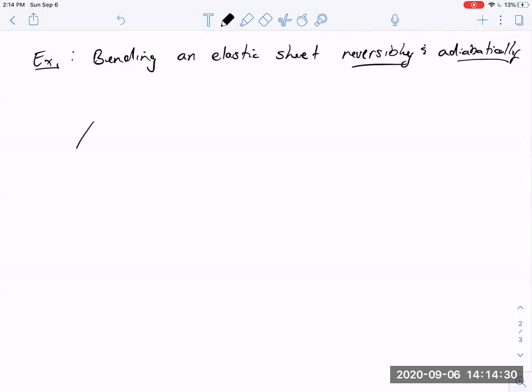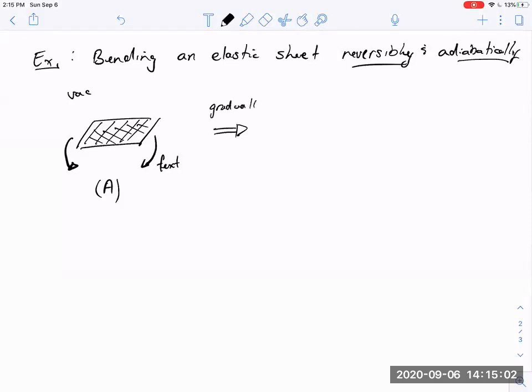We've argued that potentially one way of doing this would be to take this sheet in some vacuum or in some very dilute vapor, like the air around us does not conduct heat very well, applying some force to bend it, thus allowing us to go from some initially unbent state, denoted A, gradually increasing the force such that we afford a transformation.